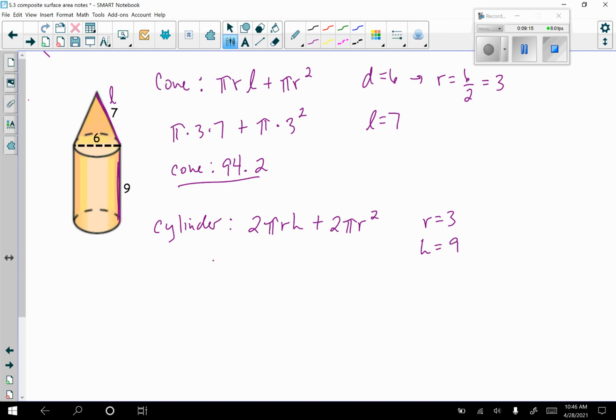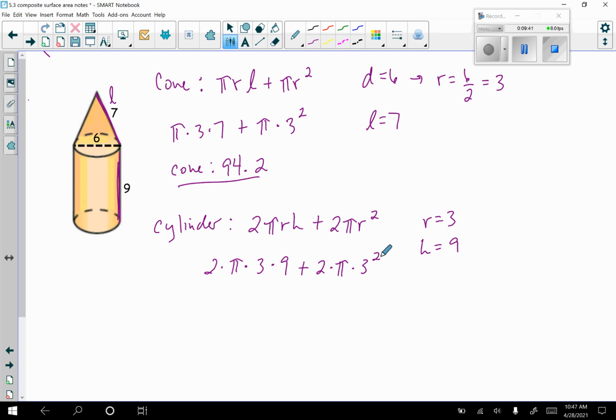So now we will plug in 2 times pi times 3 times 9, close parentheses, plus 2 times pi times 3 squared.